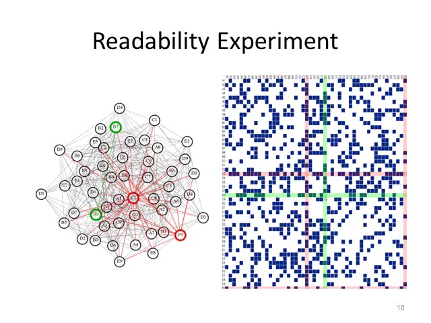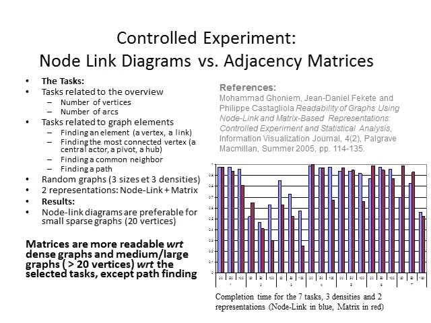And then the result that came was extremely clear. When the network density increases, the time and number of errors increase a lot with node link diagrams. And it goes to basically wild guesses when the density becomes high for node link diagrams.